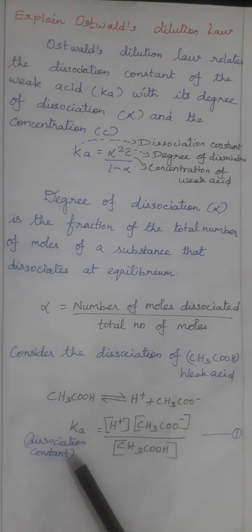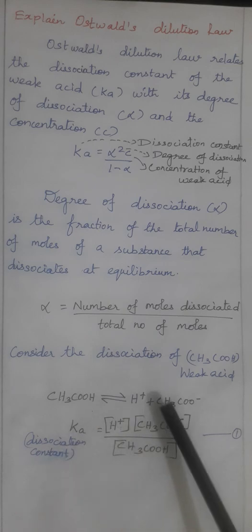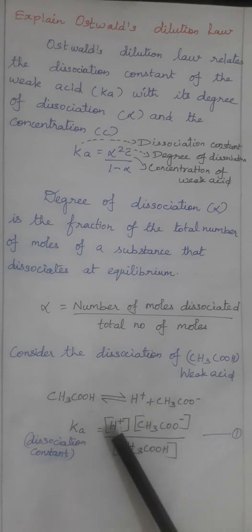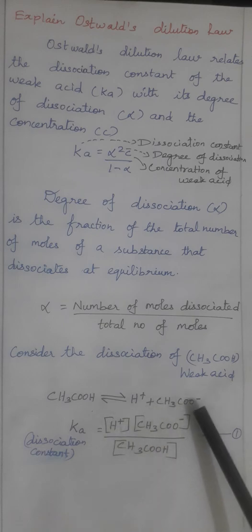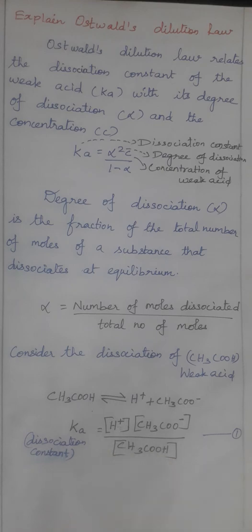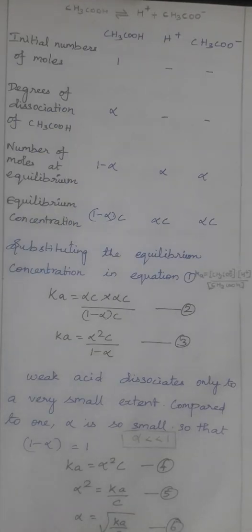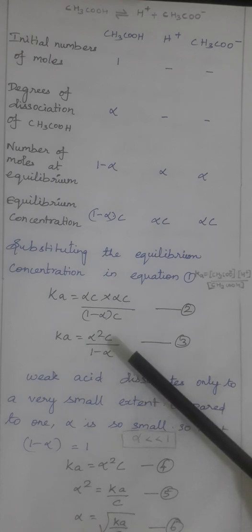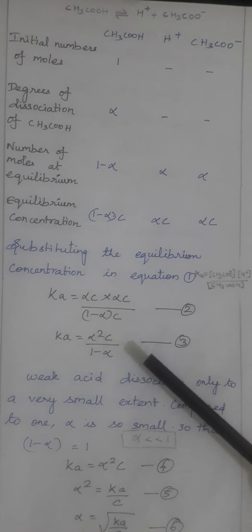How do we write the K value? The dissociation constant is the product concentration, H plus concentration times CH3COO minus concentration, divided by the reactant concentration, CH3COOH. The formula for Ostwald dilution law is Ka equal to alpha squared C divided by 1 minus alpha.